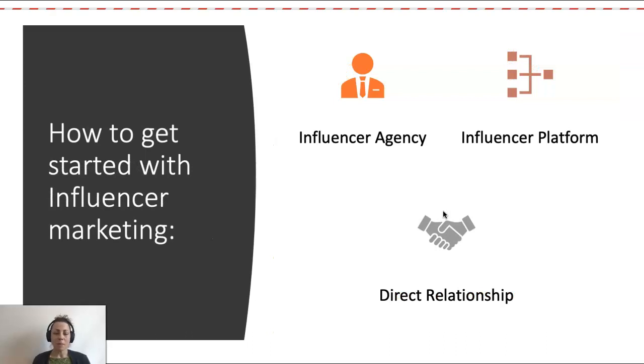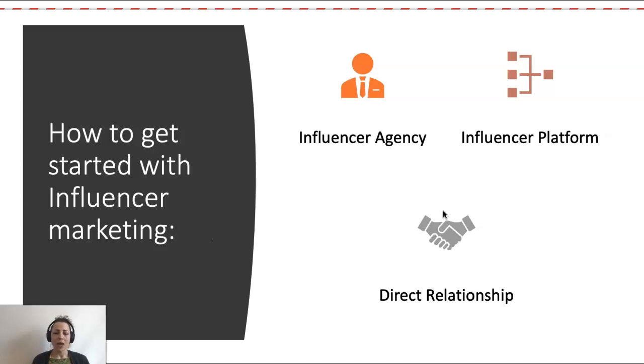So the 3 main ways that brands can engage with an influencer include working with an influencer agency, or perhaps using an influencer platform, so an online, web-based platform where influencers can upload their profile and brands can search for influencers and reach out to an influencer that meets their requirements.